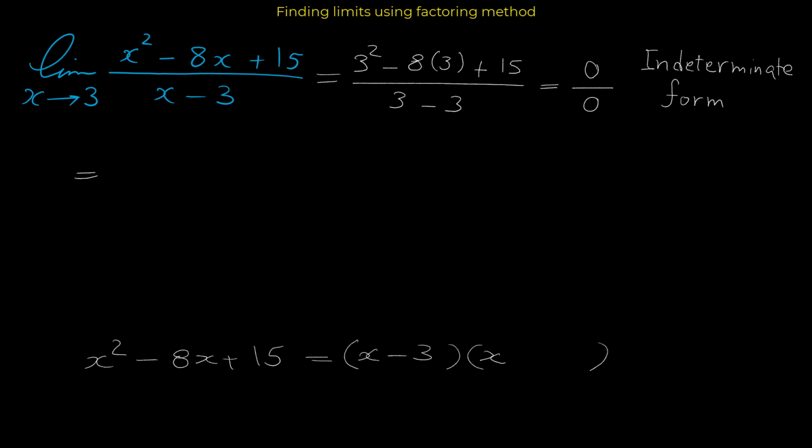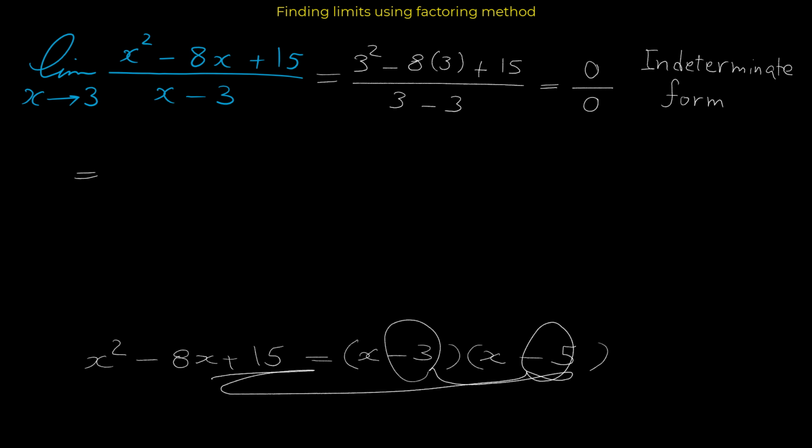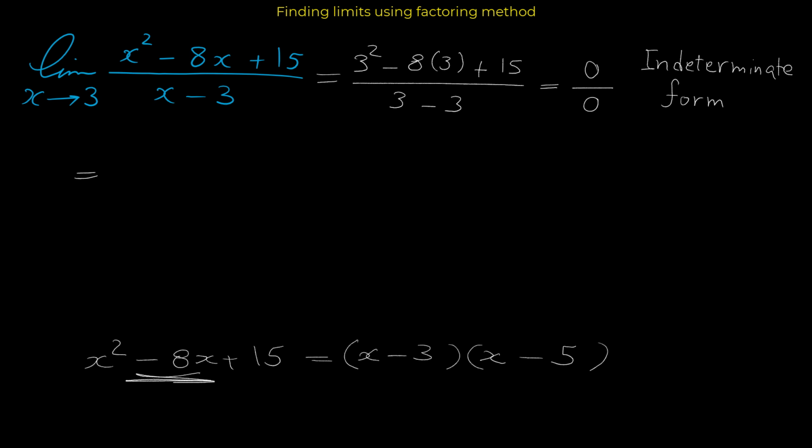So we have negative 3 and negative 5. Note that negative 3 times negative 5 is 15, and negative 3 plus negative 5 is also negative 8. So the factored form of x squared minus 8x plus 15 is x minus 3 times x minus 5.